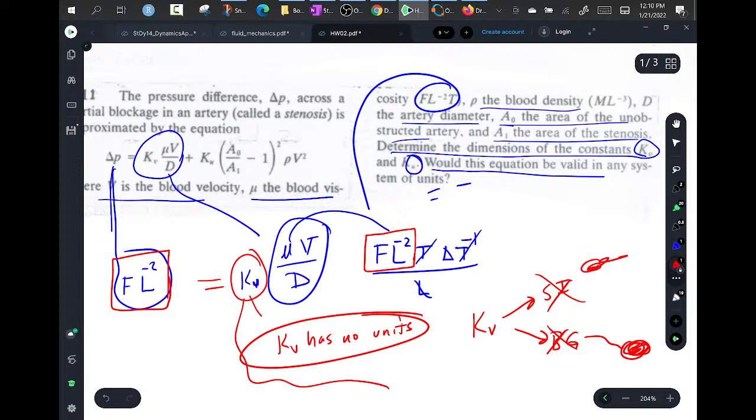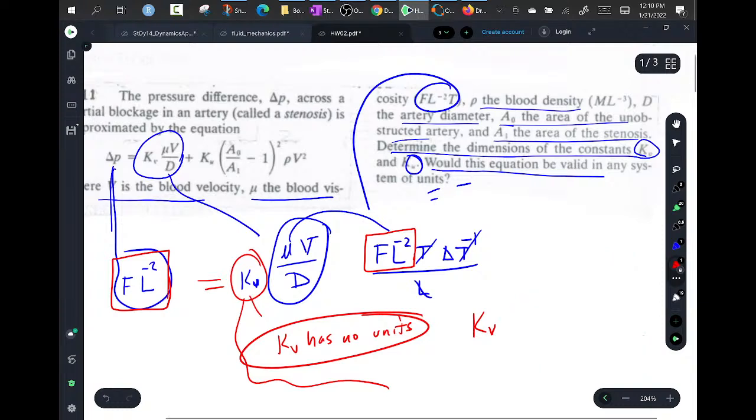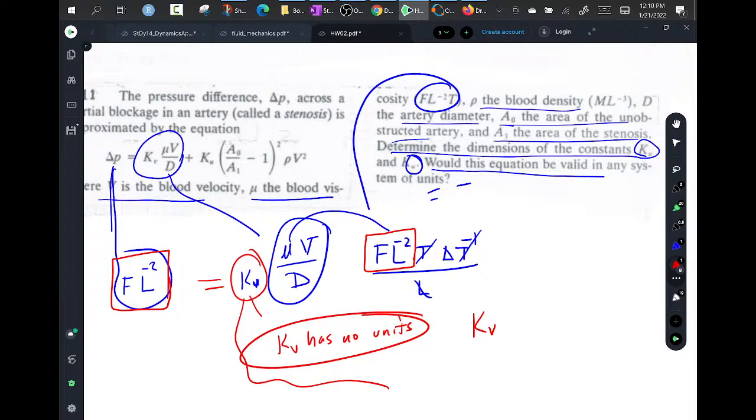Believe it or not, kV is the same no matter what unit you're using. That's one of the beauties of this: in fluid mechanics, and in heat transfer as well, especially convective heat transfer, they love to find constants which have no units.